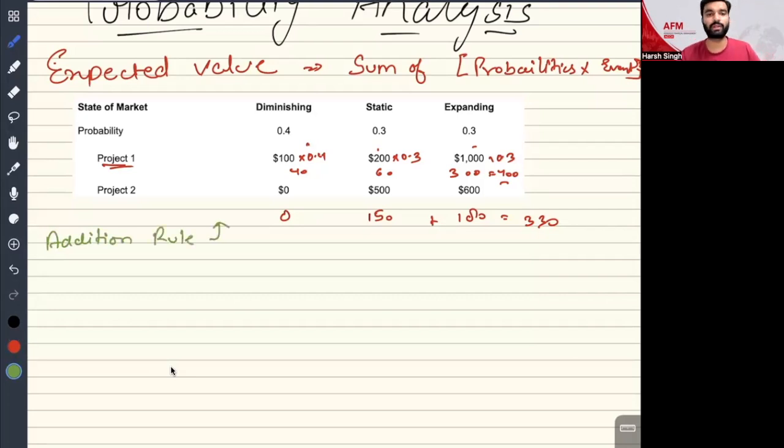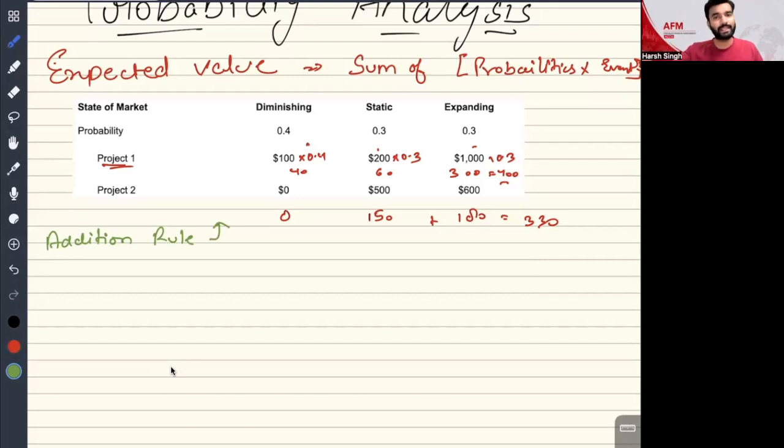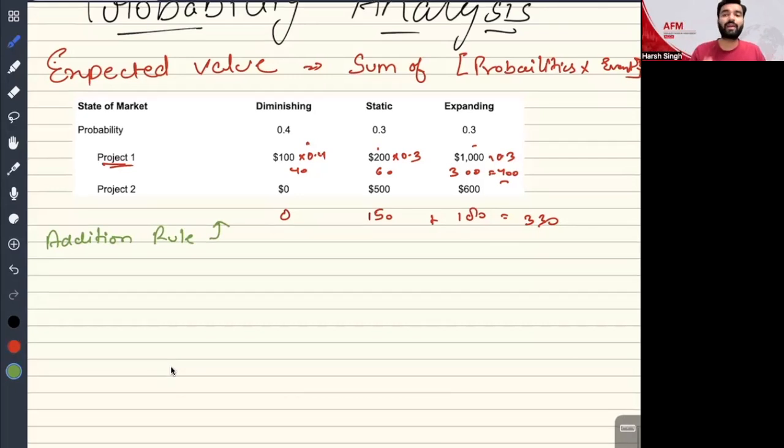We just talked about it. If I have several mutually exclusive outcomes, guys, remember, several mutually exclusive, then I can find the final result with the help of the sum of their probabilities. Then we have the multiplication rule.